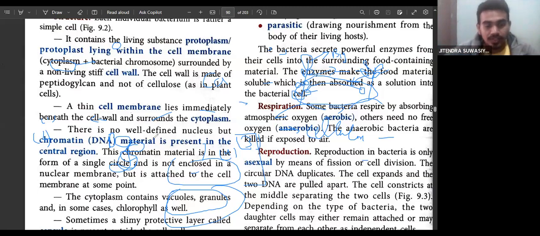There is no well-defined nucleus present, but chromatin material is present in the central region. That is the dispersed chromosome material present in the cytoplasm. This chromatin material is in the form of a single circle and is not enclosed in a nuclear membrane, but is attached to the cell membrane at some point.